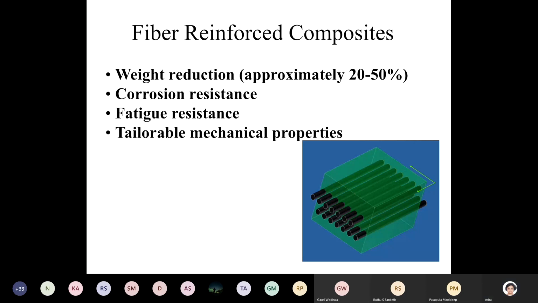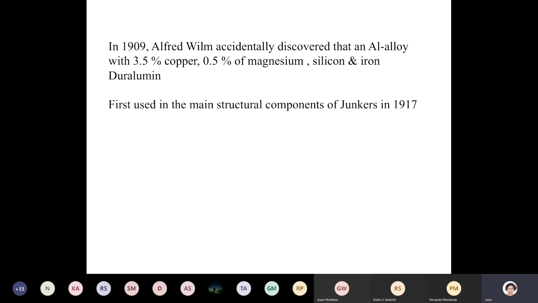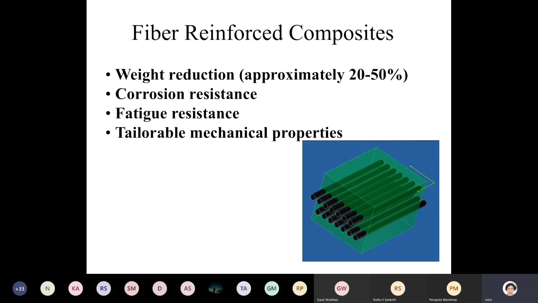Now, of course, recently you must be aware that it's not only aluminium, it's fiber reinforced composite which makes most part of the aircraft.